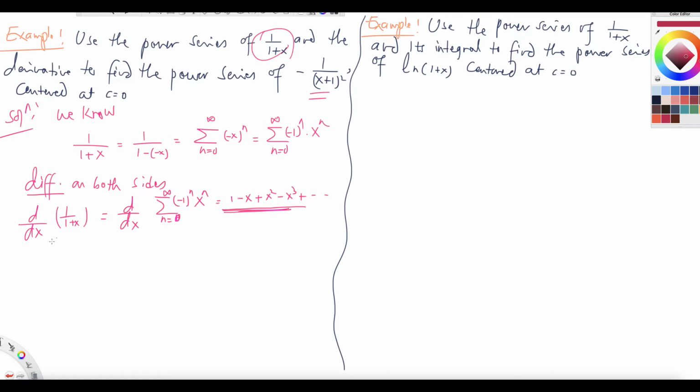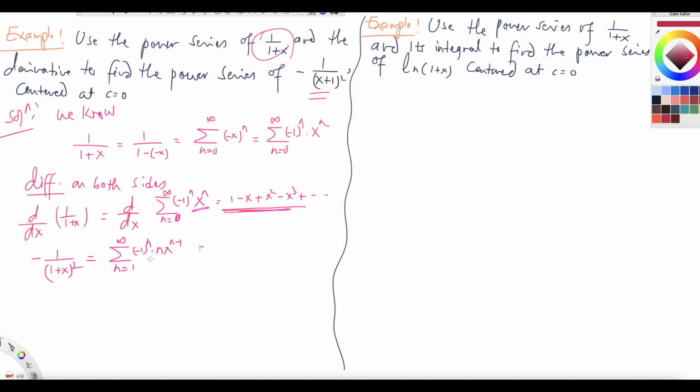So if you do that on the left side, you can use the quotient rule, or you can move that to the top and then use the power rule. You will get negative 1 over 1 plus x squared on the left hand side. On the right side, you will get summation n equals to 1 through infinity, okay, and then negative 1 to the n, and then times n x to the n minus 1. That is the derivative of that term. You see that? If you expand that, what do you get?